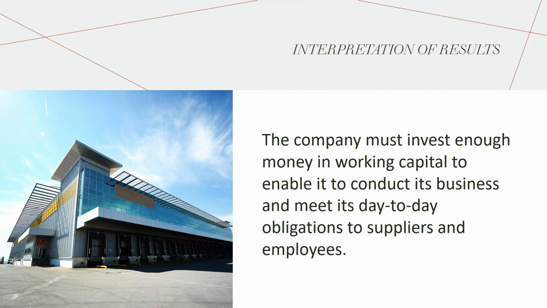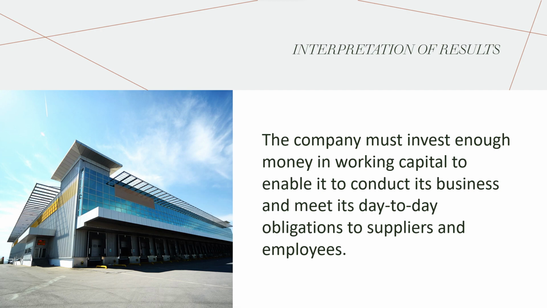Let me explain the implications of the current ratio. The current ratio is a measure of the company's ability to meet its short-term debts. This is important because the company could run out of cash and be forced into liquidation even if it was making profits. Working capital has to be managed very carefully.